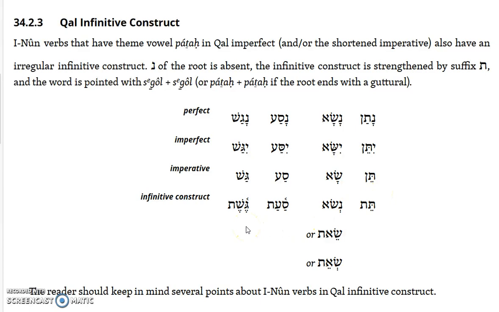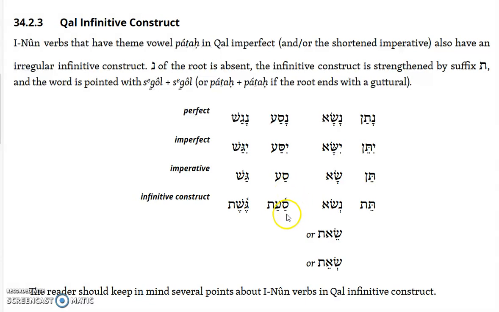But in the infinitive construct, what's going to happen is that they're going to behave almost like a segolate noun in some cases. So with gash, it becomes gesheth. You add a tav and then treat what's left as if it were a segolate. Gesheth. Same thing with nasa.